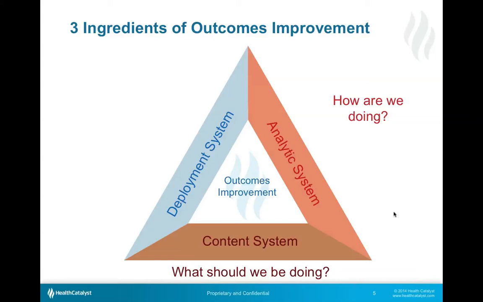If we're not able to measure that, it's really hard to improve. And third, how do we transform? The deployment system is all about getting an innovation or an improvement deployed broadly across the organization, not just at the flagship hospital, but at every clinic, at every facility, with every physician and clinician that's providing the care. So those are really the three questions. What should we be doing? How are we doing? And how do we get better, or how do we transform?